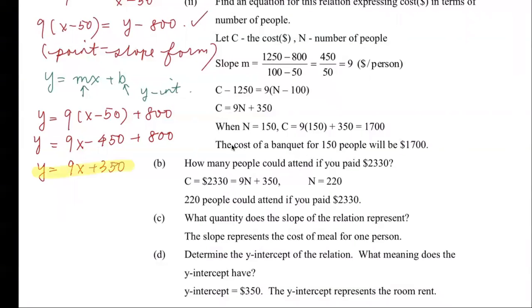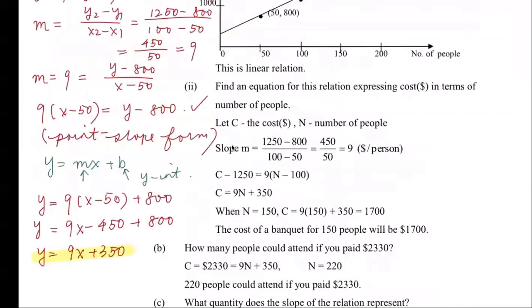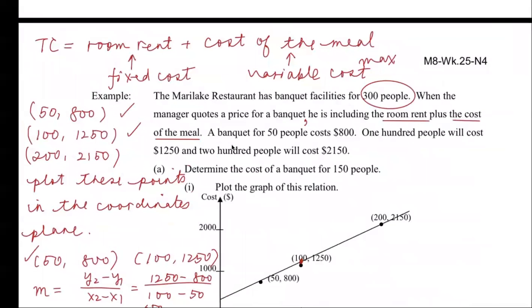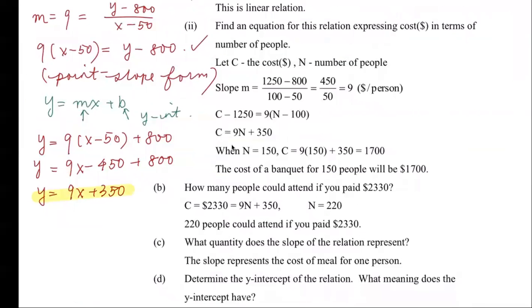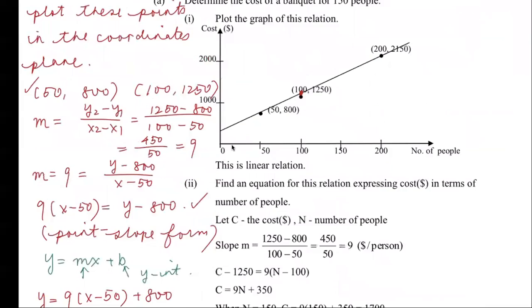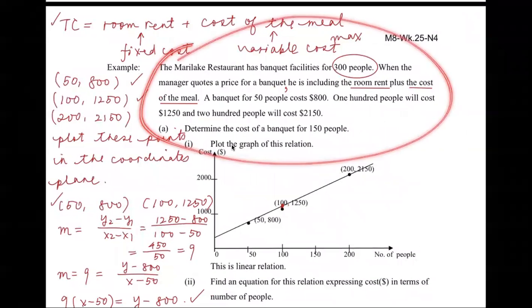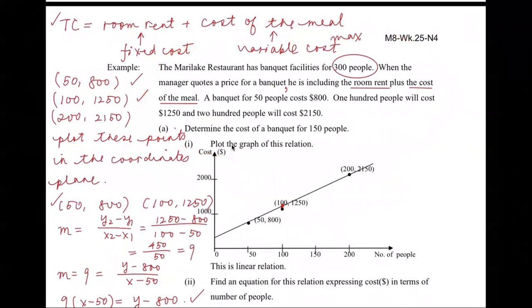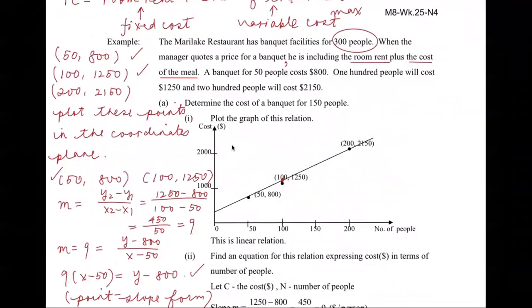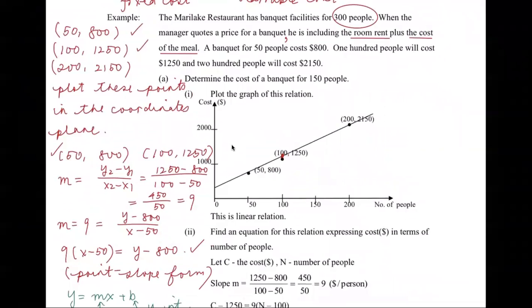So this will be our expression for the total cost, right? We got this expression based on all the information here. Let's recall what we did. We are given that when we have 50 people, the cost is $800. When we have 100 people, the cost will be $1,250. When we have 200 people, the cost will be $2,150.